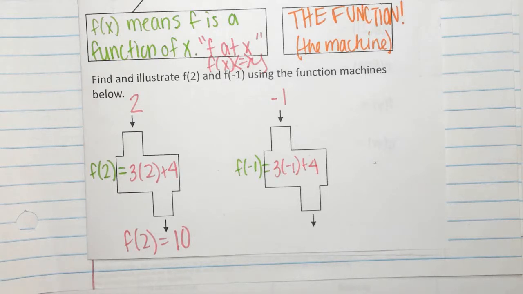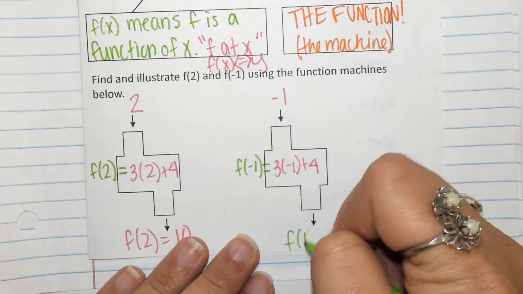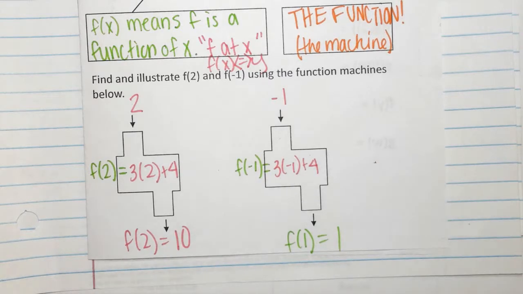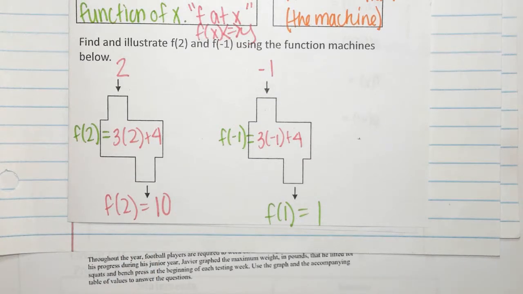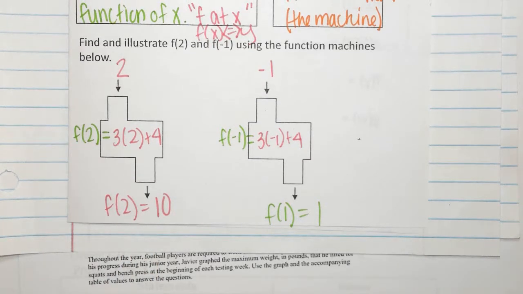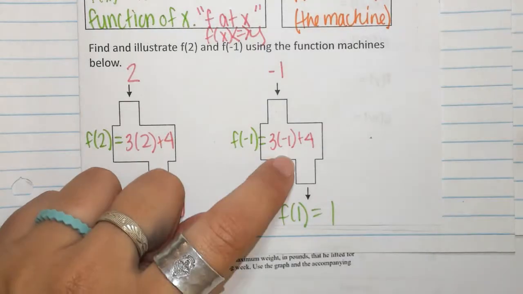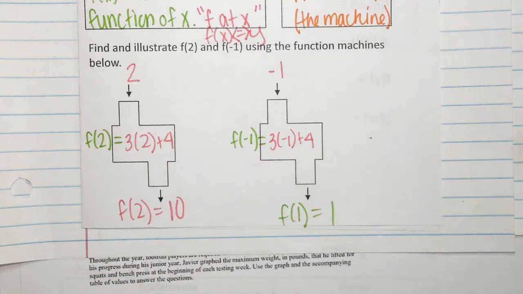We're not done yet. I got 1. I got 1 as well. How did we get 1? Okay, so what they were muttering is 3 times negative 1 is negative 3. Negative 3 plus 4 is positive 1. Cole and Whitney, are you with me?